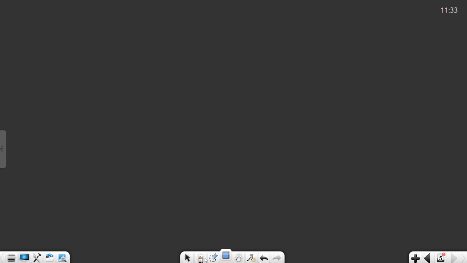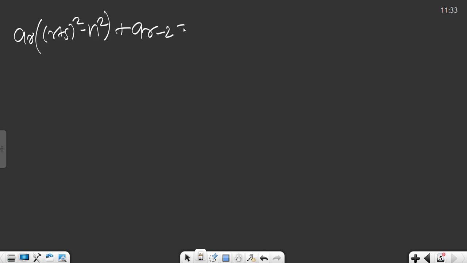So a sub r times r plus s whole squared minus n squared plus a sub r minus 2 is also equal to 0. And keep in mind that it's r, not n, because the infinite sum begins from 0 itself.